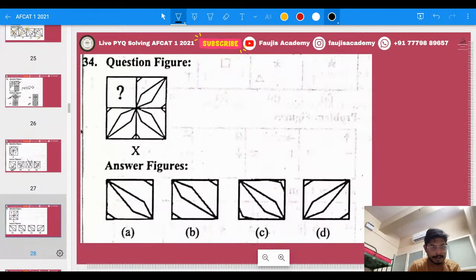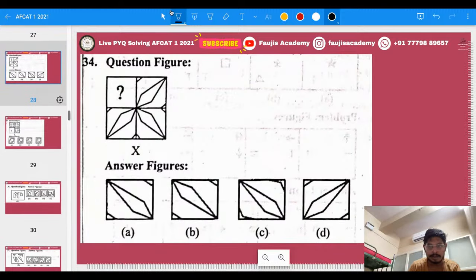It is pretty much visible clearly. This one cannot be the answer, and this one also cannot be the answer. This particular one is a little bent, isn't it? The bulged part is over here. So for 34, again we'll go ahead with A as the answer.